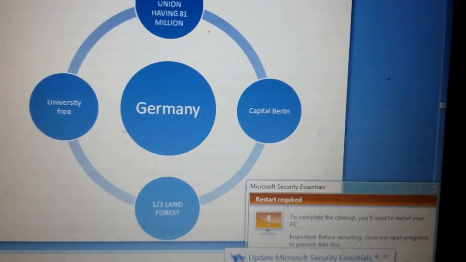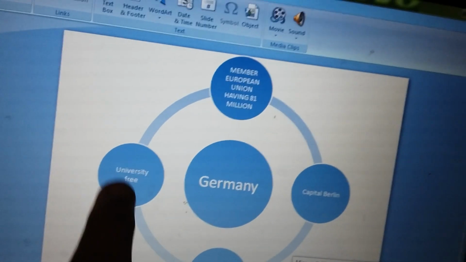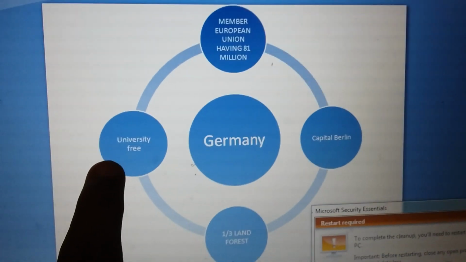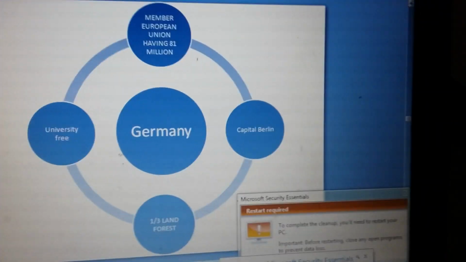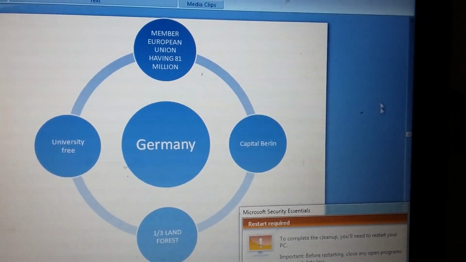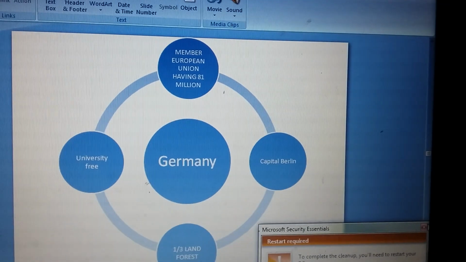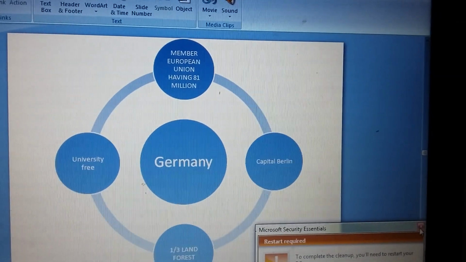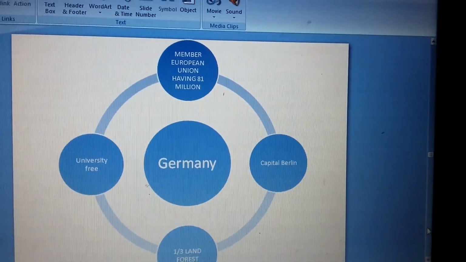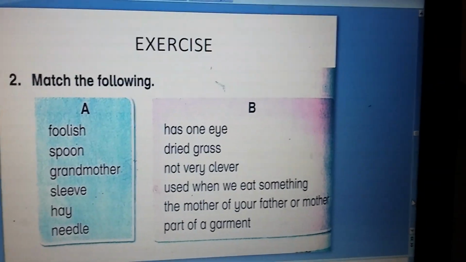It is covered with forest, and university education is free here. Now you have to keep all these facts in your mind. Thank you very much.